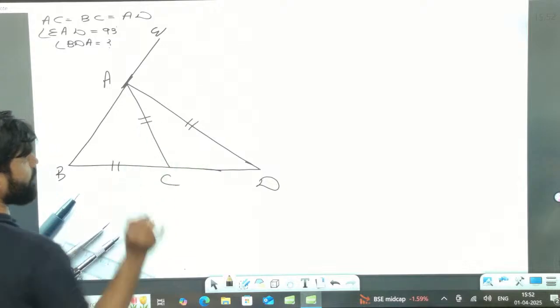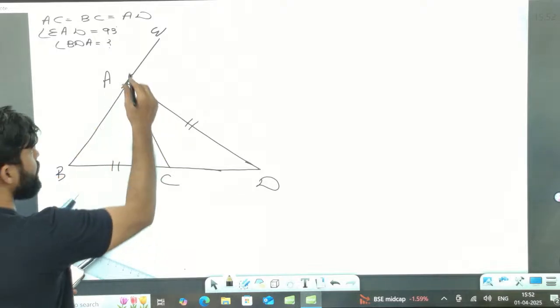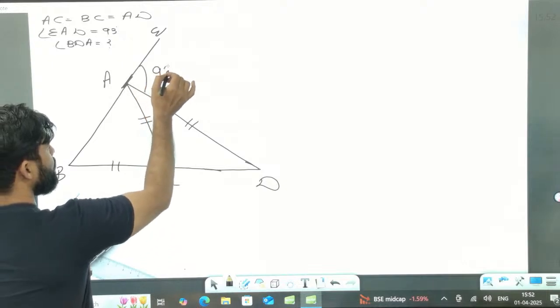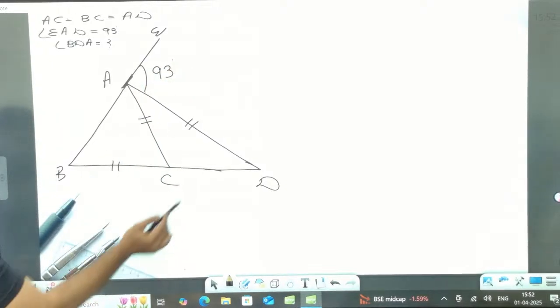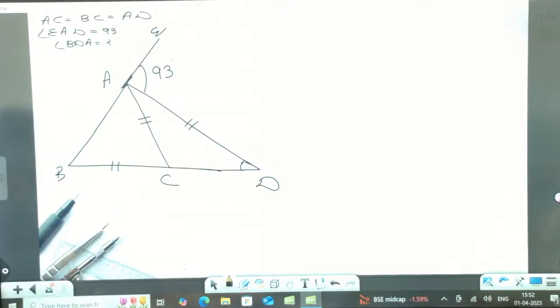It means these three sides are equal. Angle EAD is given as 93 degrees, and we have to find angle BDA, it means this angle. Is this understood by you now?